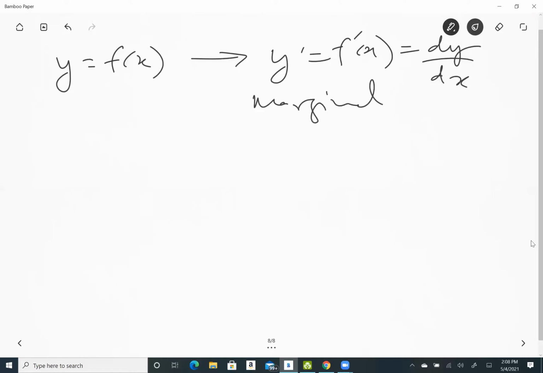Marginal revenue, if it is a revenue function. So it's the marginal of y, whatever the y is. For example, revenue, cost, profit. So in terms of application, the marginal is just like the slope. All right, so that's the idea.